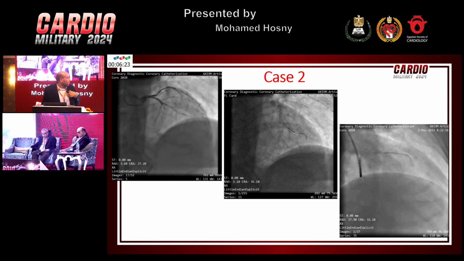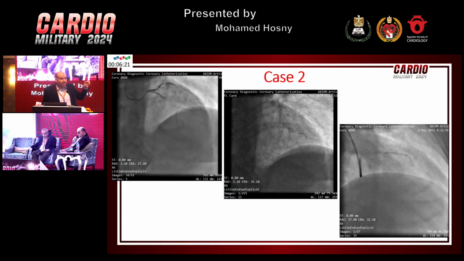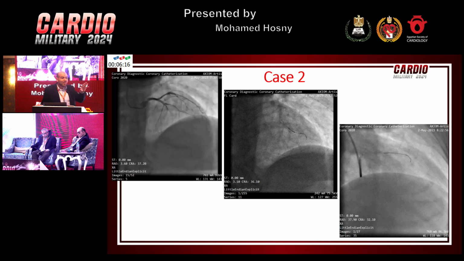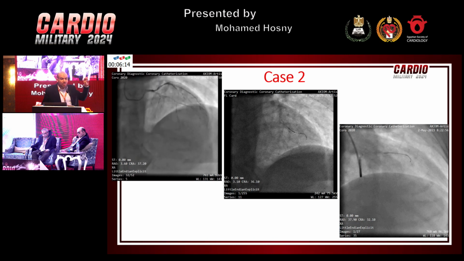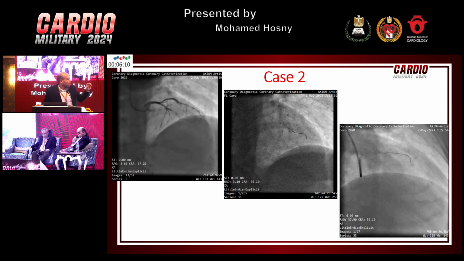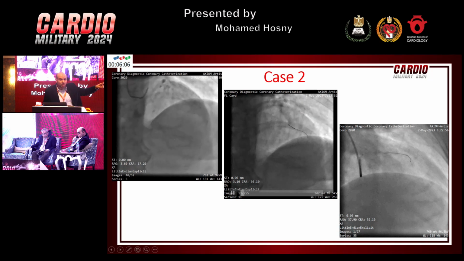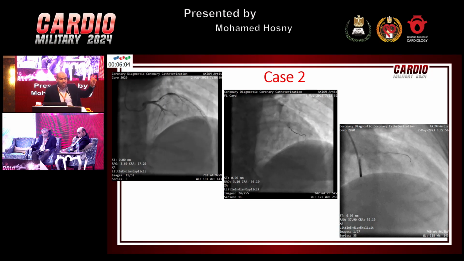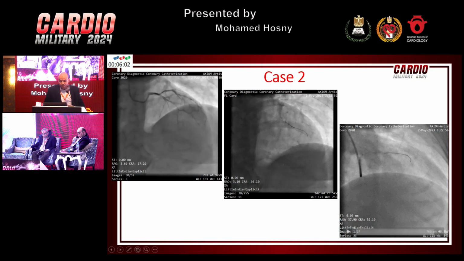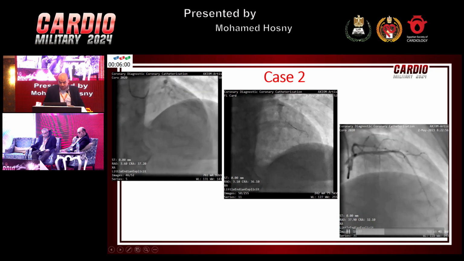So when I see this picture, I think that we may have a dissection here, a spontaneous coronary dissection. So I think the safest device to use in this situation is to pass a wire into one of the branches and to use this dual lumen microcatheter in order to have a good result.